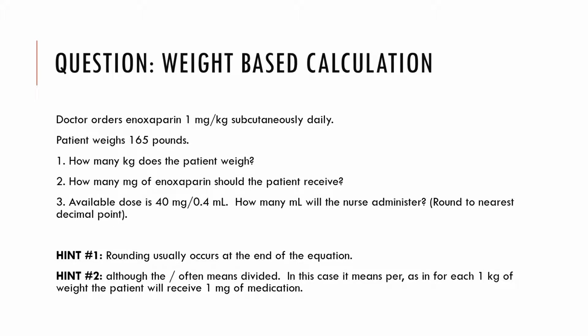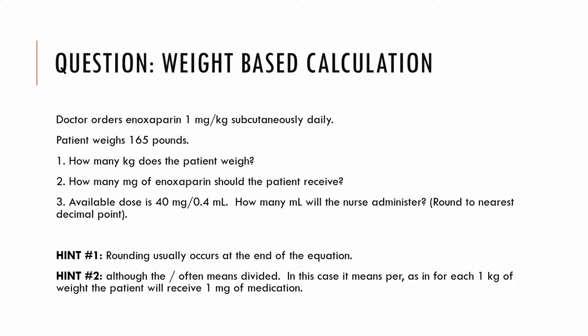Weight-based calculations. Now, when you get to the fourth semester, these weight-based calculations become more complicated than what you have here. This is more pediatric dosing or other weight-based. So once a day, because in the fourth semester you include how many minutes and things like that.